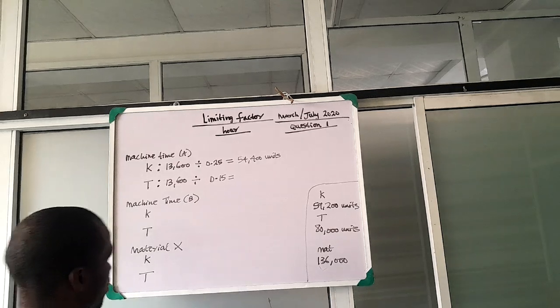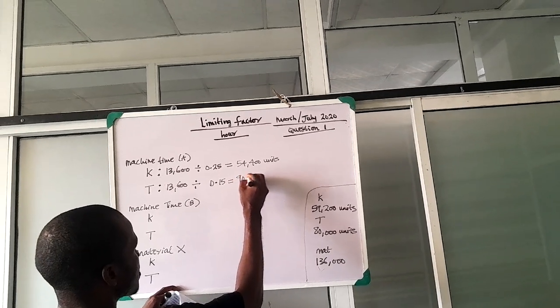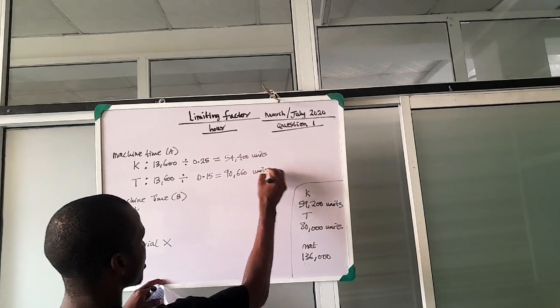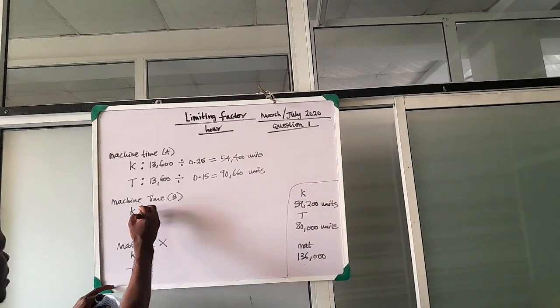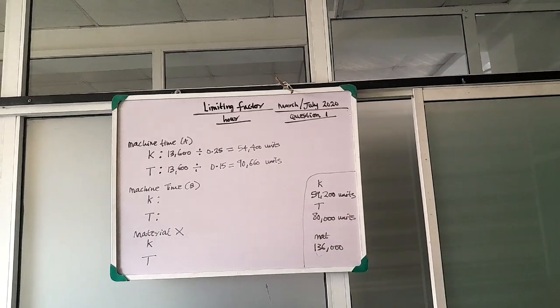Then here will give us what? 90,666 units. Okay? Then under machine time B, we have K.